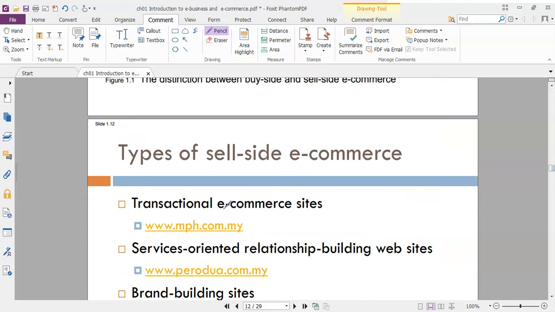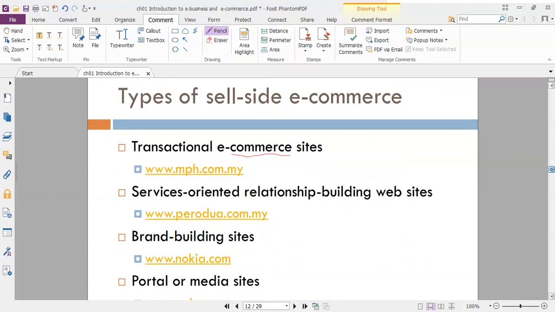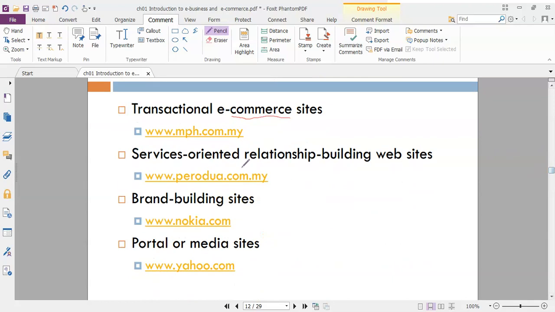For example, a transactional e-commerce site. If you want to buy books, you can go to www.ntpage.com.my. That is one of the transactional e-commerce sites. What other types of sell side e-commerce? Service oriented, relationship building websites, for example Produa.com, Proton.com, Honda.com.